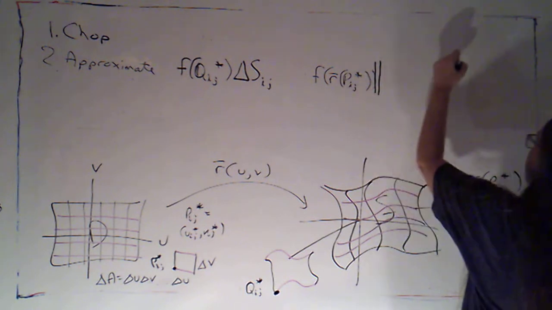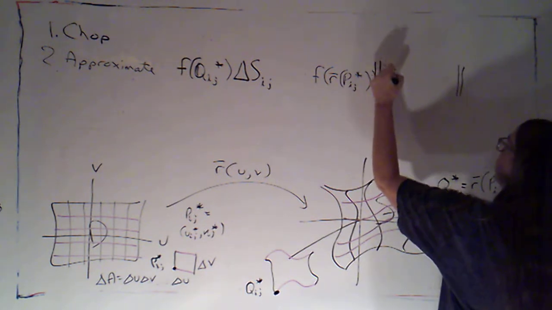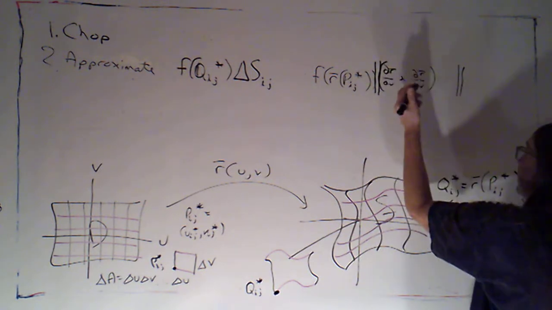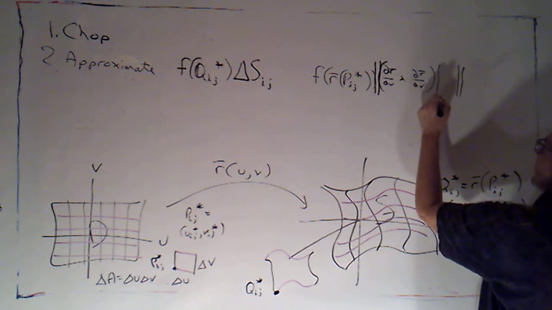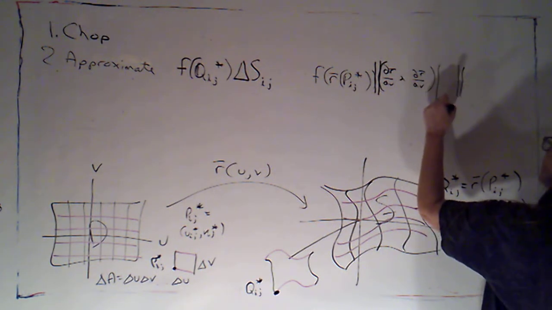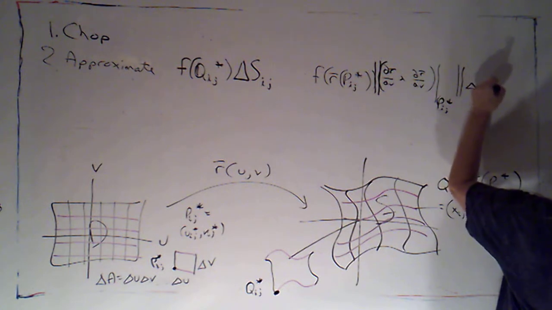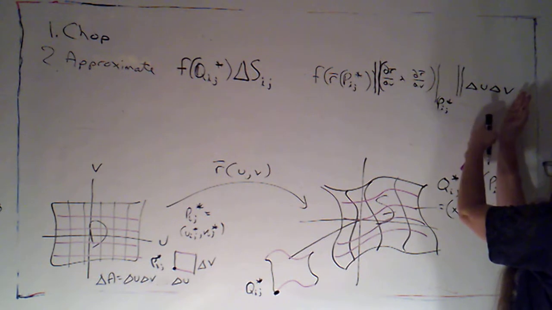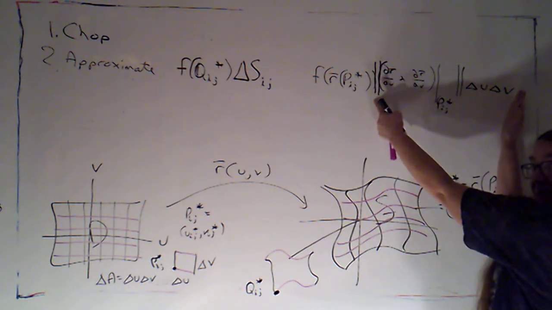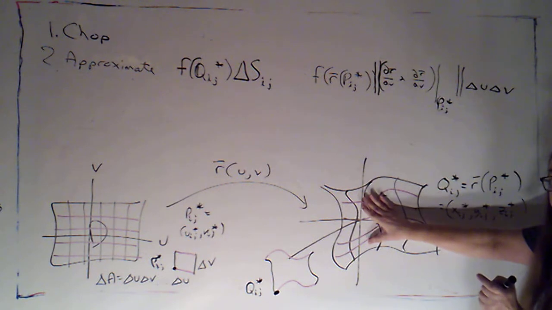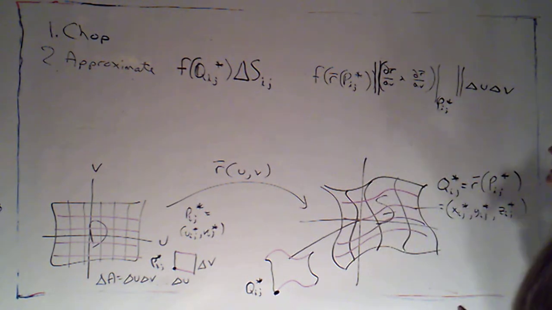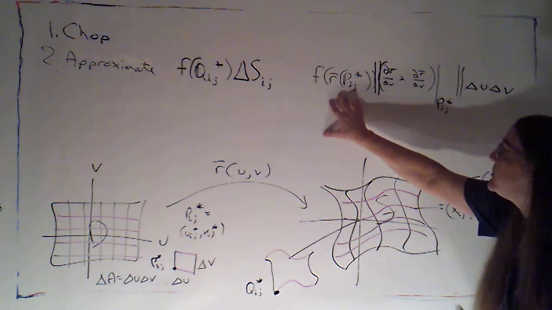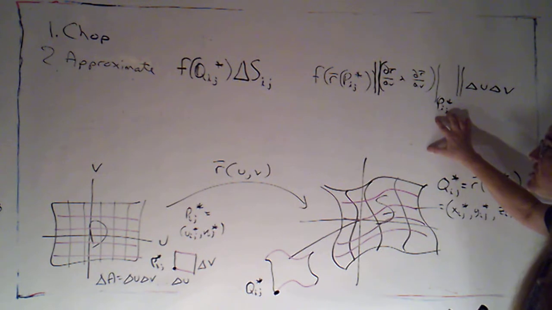And I would approximate that with the magnitude of del r del u crossed with del r del v, evaluated at that same representative point, Pij star, times delta u delta v. This is what we saw in section 16.6, how we approximated the area of a little patch of this surface living in 3 space. So here I've just got my representative height expressed in terms of u and v, and then an approximation of that area.